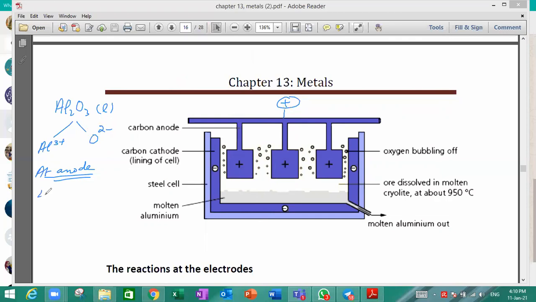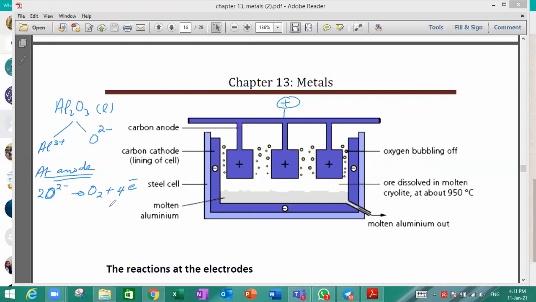And there, two oxide ions will form O2, and then every oxygen will release two electrons, so both will release four electrons. Okay, this is the reaction happening.